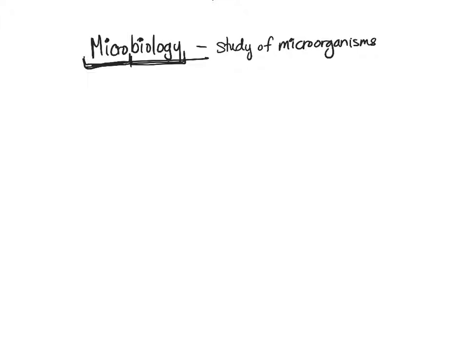Within microbiology, we have different studies. So we have bacteriology, and bacteriology, then, of course, would be the study of bacteria. We have mycology. Mycology can get a little tricky. However, if you remember when we talked about fungi, they can produce mycotoxins.